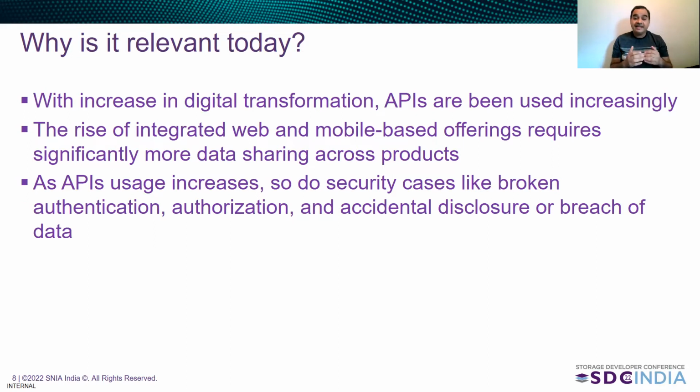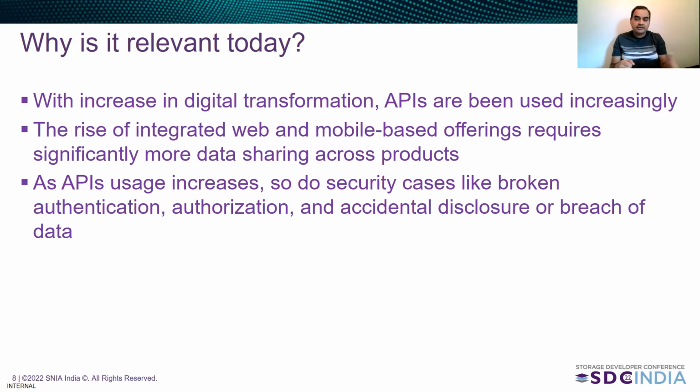Now, the rise of integrated web and mobile offerings requires significantly more data sharing across the products, right? You may have a backend made up of multiple microservices, and they don't communicate like the earlier designs we had, where you had a couple of servers and you jumped from one to another for some information and back.